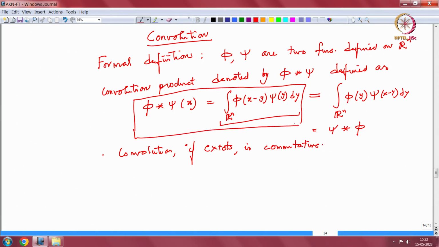Okay. So, we start with an important application you have already seen: convolution is used to approximate functions by smooth functions.